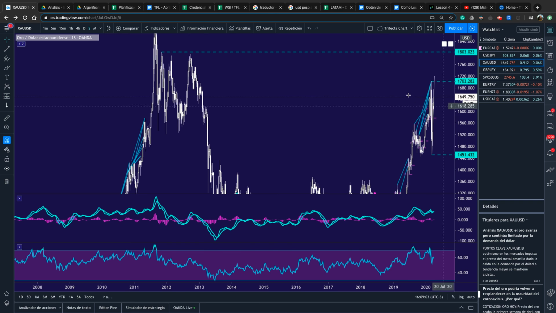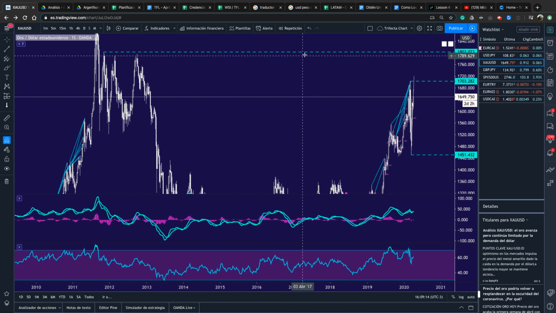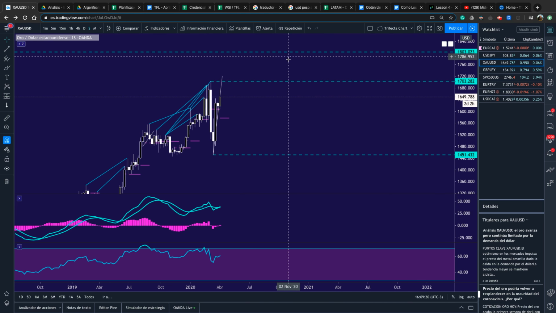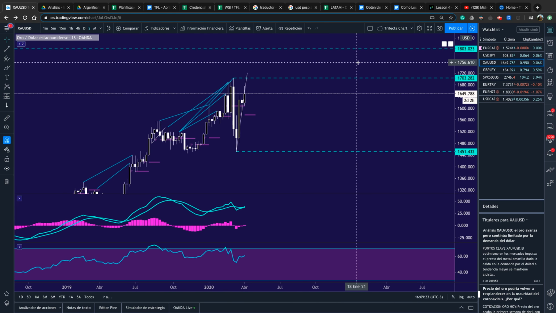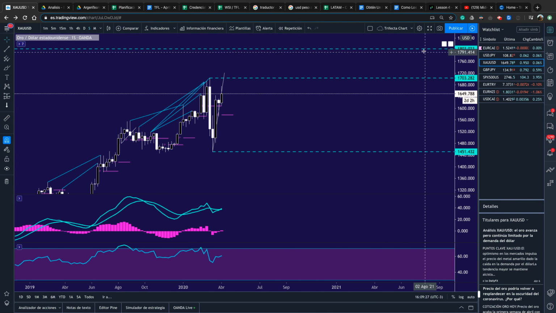The last time that the price was in these levels were here. This is the previous relevant resistance level. So if we break these levels, we are going to be in a good position to think that the price is going to rise, and we're going to try to look for this 1803.